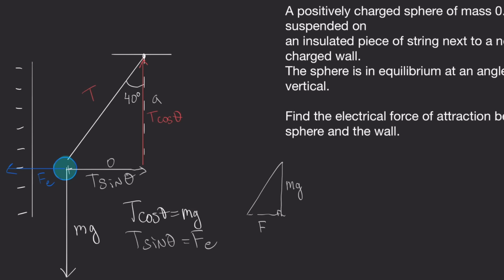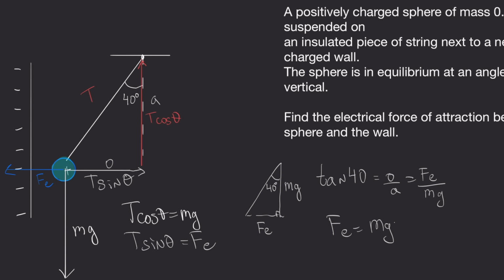We have the angle here, so we can directly say that the tangent of 40 degrees is equal to the opposite over the adjacent. So tan 40 will then be equal to the electrical force, I've just called that Fe, divided by the adjacent, which is mg, meaning that the electrical force will just be equal to mg multiplied by the tangent of 40 degrees.